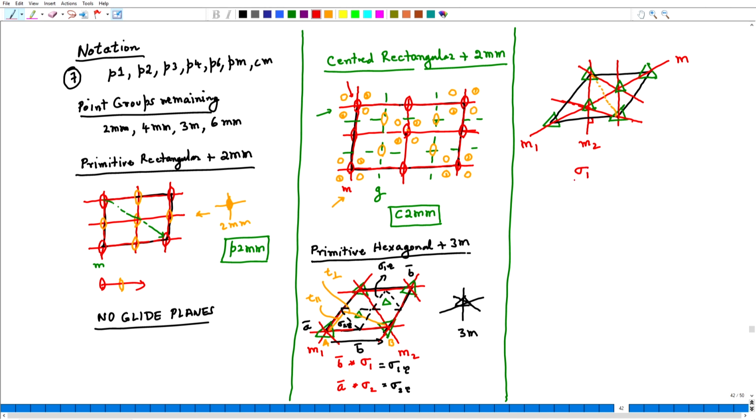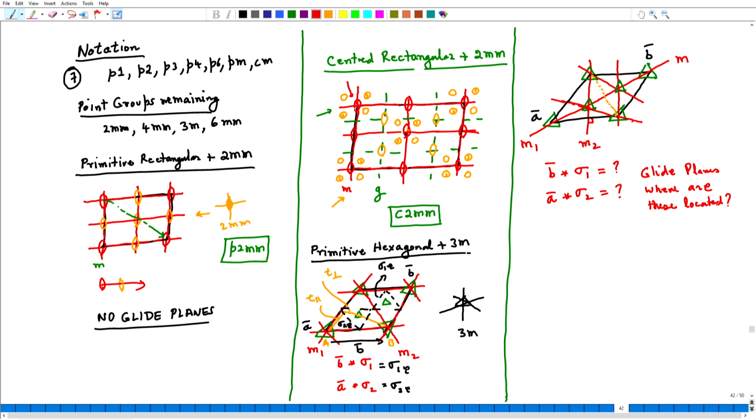So, reflection operation 1 followed by the vector B. So, my vectors are A here and B here, or take the operation of reflection operation sigma 2 followed by the lattice translation vector A. The solution to this would give you the locations of the various glide planes, but all of these will come out to be glide planes. So, where are these located?